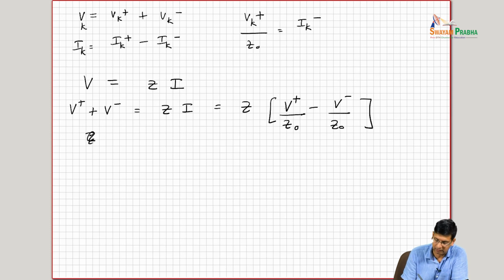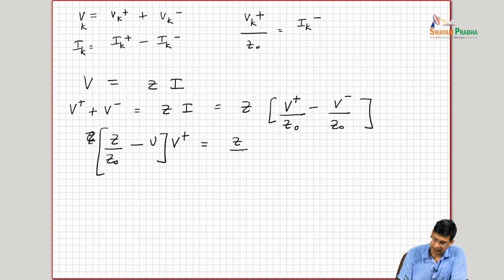so then let's do it this way. So Z over Z naught minus the unity matrix times V plus is Z over Z naught plus the unity matrix times V minus, right?